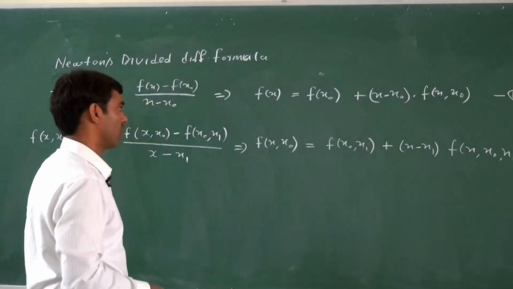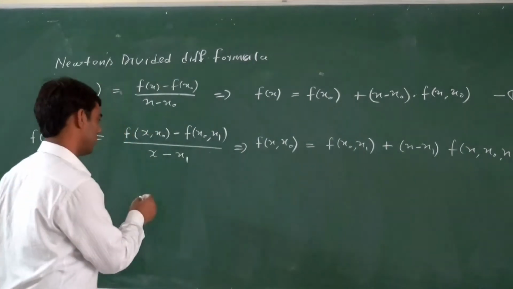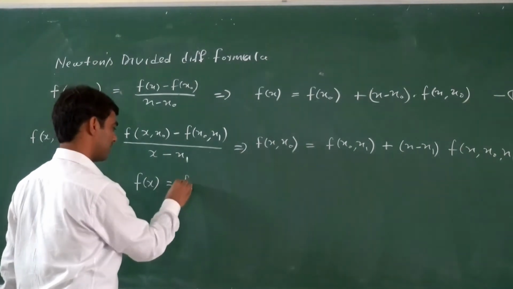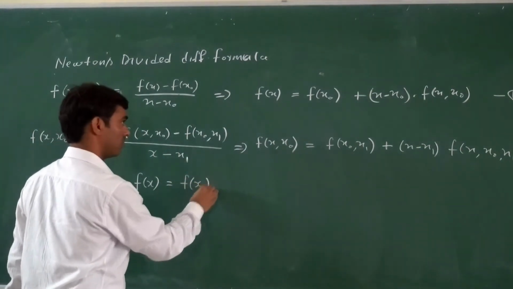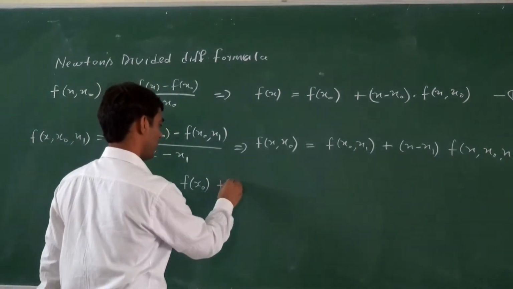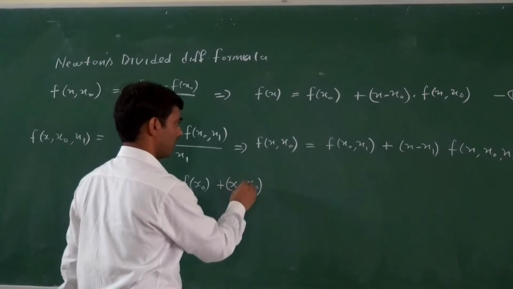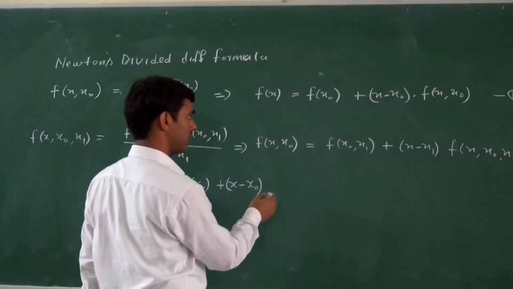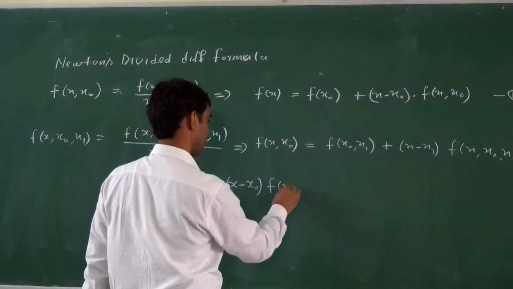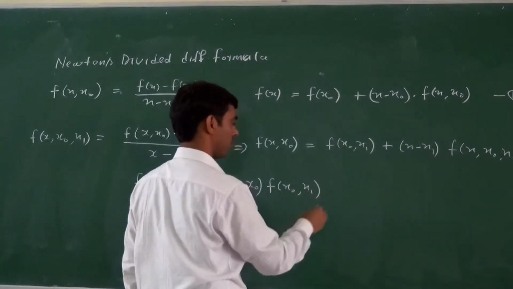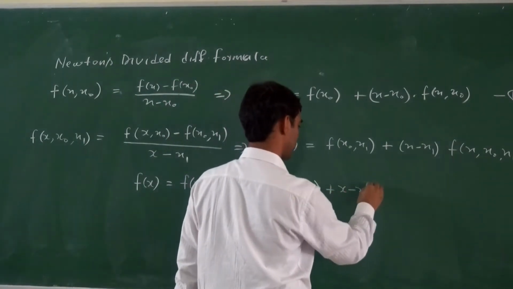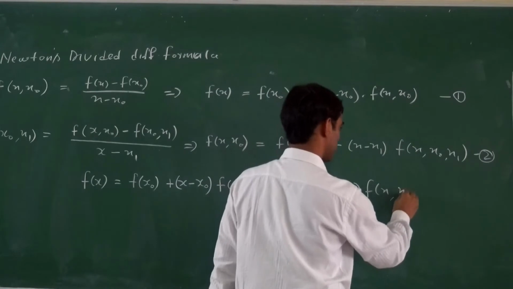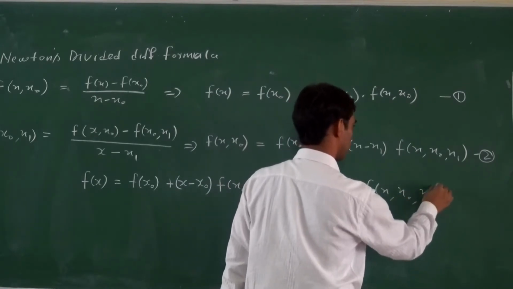So now function f(x) becomes f of x0 plus (x minus x0) f of x0, x1 plus (x minus x0)(x minus x1) f of x, x0, x1.